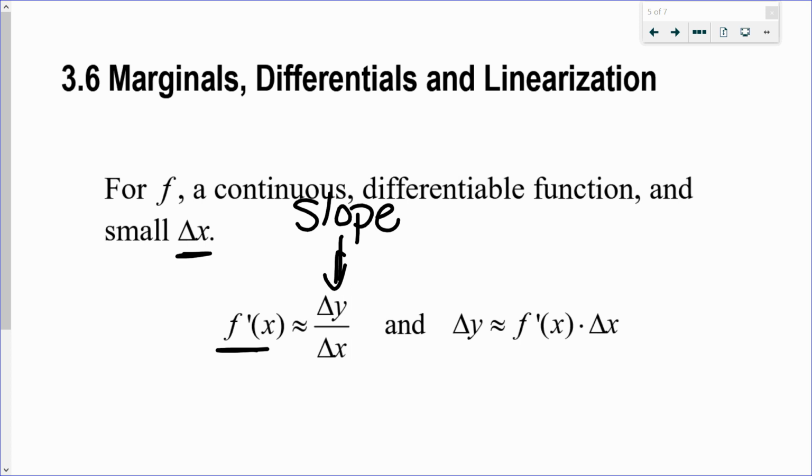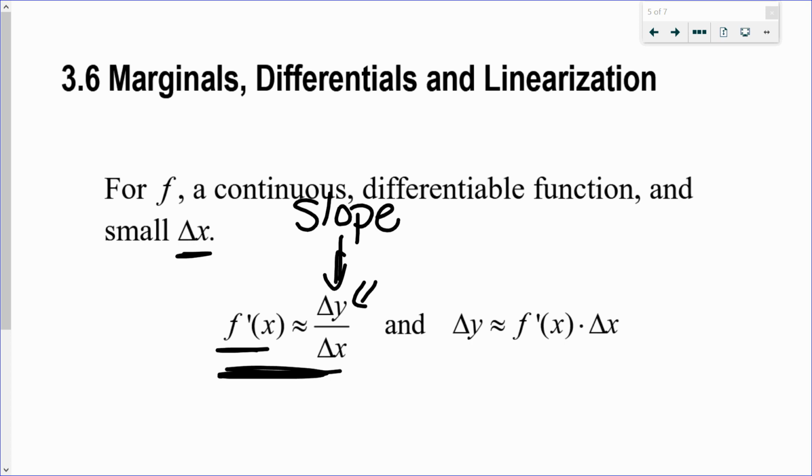formula. Okay, so you'll notice on the last page we were solving for delta y. It was an exact calculation for delta y. Now we're going to approximate it using the derivative. So let's rearrange this equation by multiplying each side by delta x.